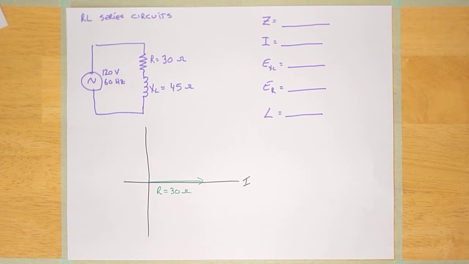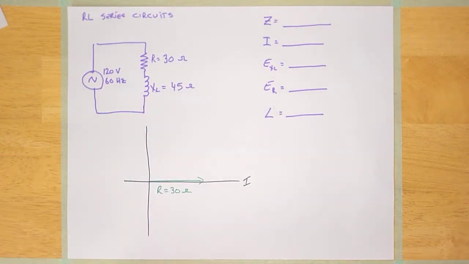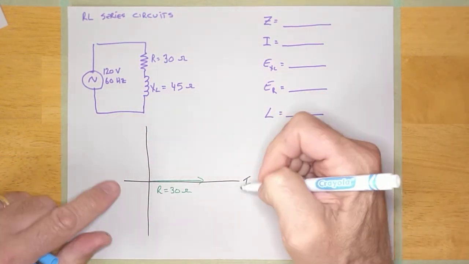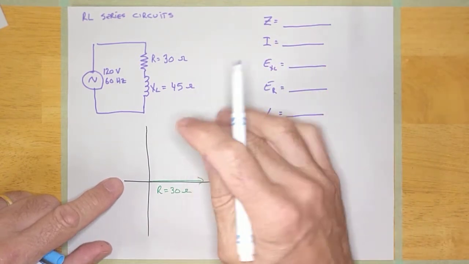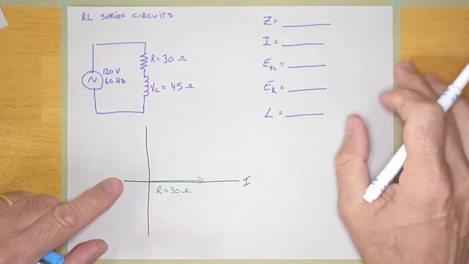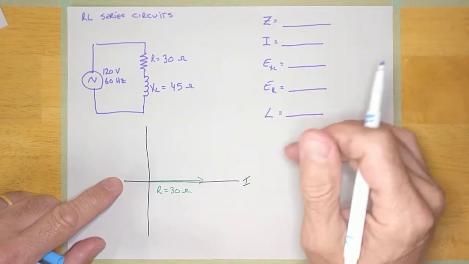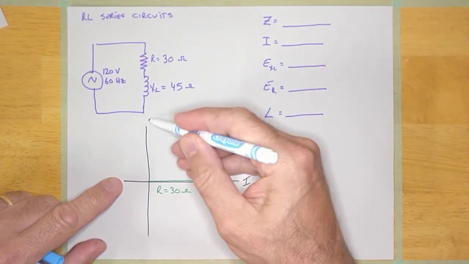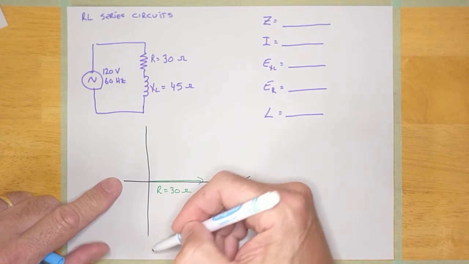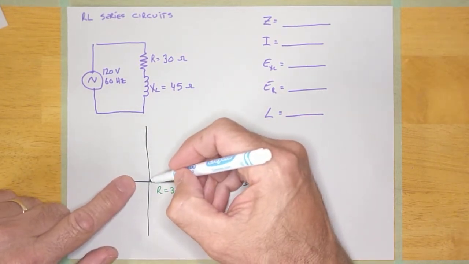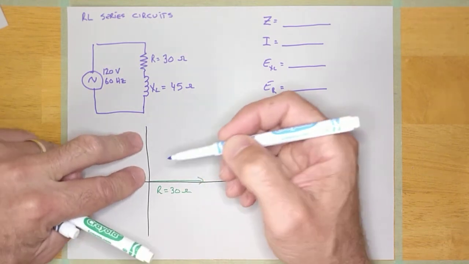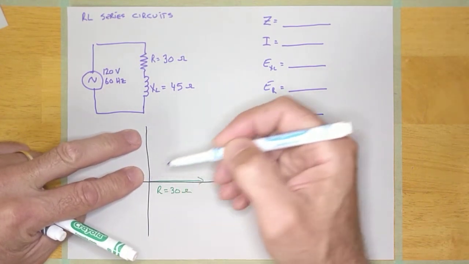And then I'm going to draw XL, and XL is out of phase with the current by 90 degrees. It always will be. It causes the current to lag by 90 degrees, and so the only question is, do I have to draw it up here or do I have to draw it down here? And the answer to that is you must draw it up here. Now, a lot of students go, look, Van Andel, you said it lags.